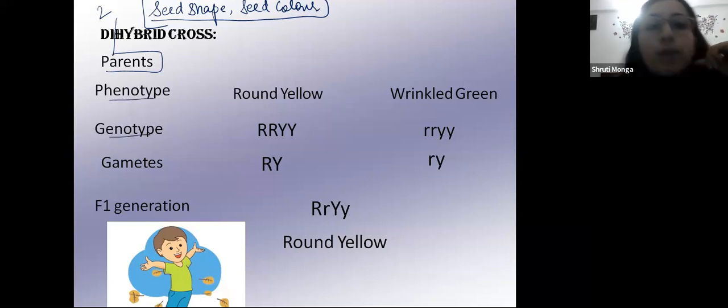Phenotype is the observable characteristic, how the seed looks like. The phenotype of the seed that he considered as a parent seed was round in shape and yellow in color. The second seed that he took as a parent was wrinkled in shape and green in color.